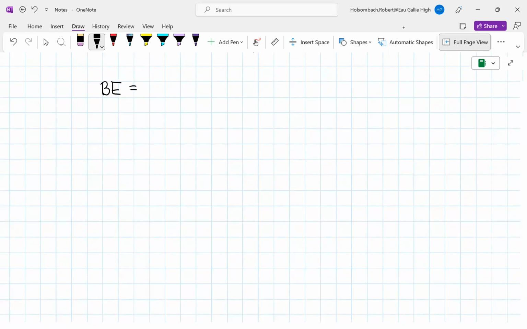So from B to E is equal to the absolute value of -6 minus point E, which is at 2. So the distance from B to E is equal to the absolute value of -6 minus 2.